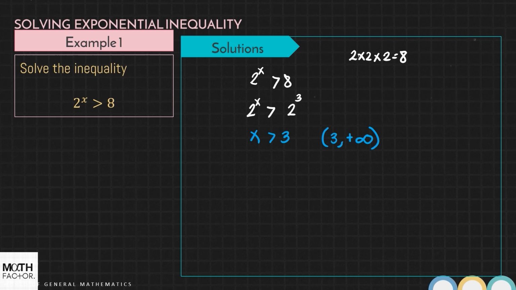And we are using this open parenthesis kasi wala naman tayong equal sign dito sa ating inequality symbol. Right? So, ibig sabihin, yung greater than 3, na 4, 5, 6, and so on, kapag change nyo dito, true yung magiging statement.